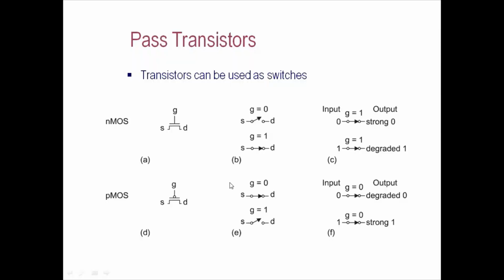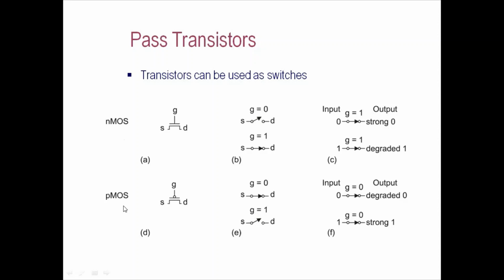So this is now self-explanatory that NMOS can be used as a switch where it is going to pass the logic 0 strongly but degraded logic 1. Whereas in case of PMOS, it is the other way around. It is going to pass the strong 1, but the weak 0. So this makes NMOS an ideal candidate for the pull down and PMOS an ideal candidate for the pull up network.